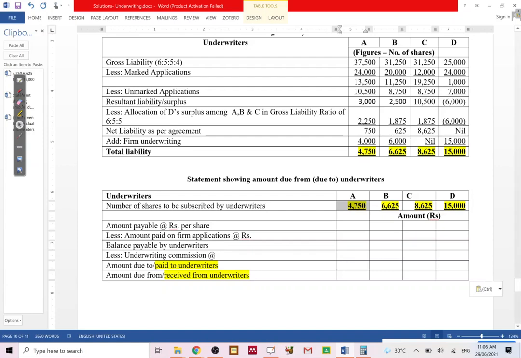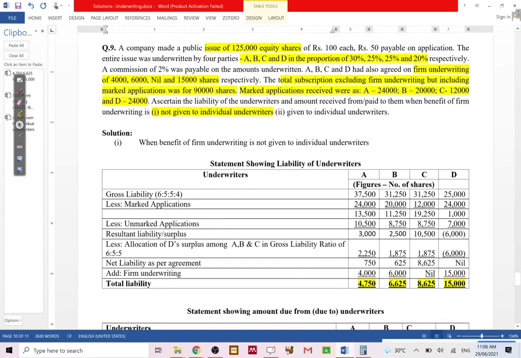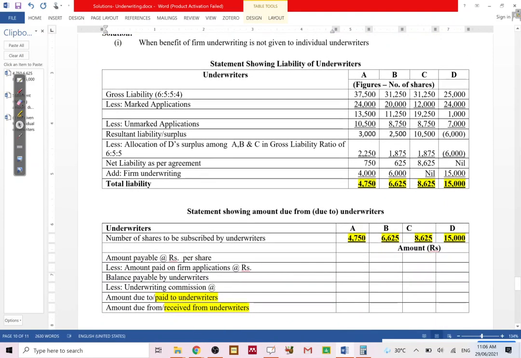You get to calculate that by calculating the amount payable. They have to pay rupees 50 on application. In case you are purchasing these shares, you are supposed to pay rupees 50. So if each one takes these many shares, the amount payable is rupees 50 per share.